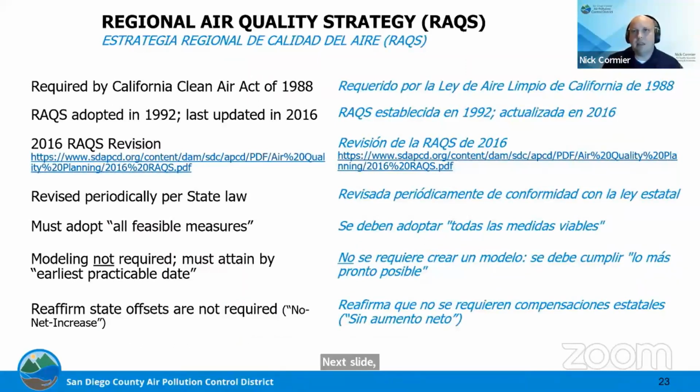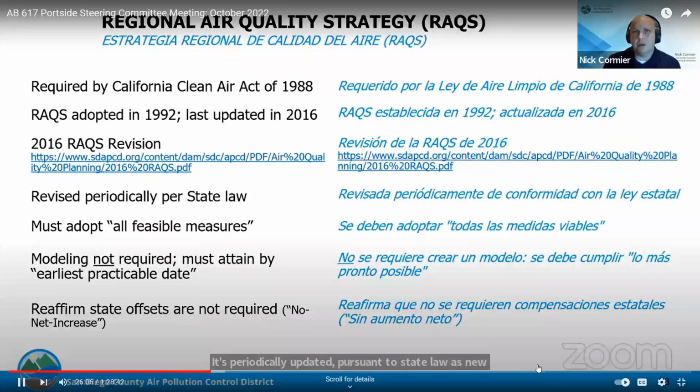APCD's plan to attain state ozone standards is known locally as the Regional Air Quality Strategy, or RAQS. Initially adopted in 1992 and last updated in 2016, it's periodically updated pursuant to state law as new emission control measures become technologically feasible, improve air quality, or protect public health.